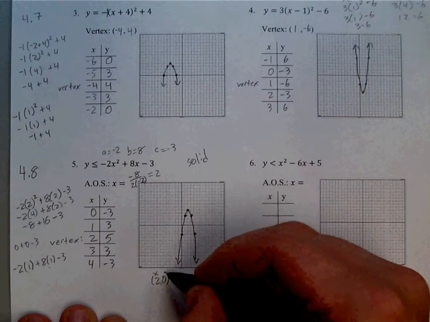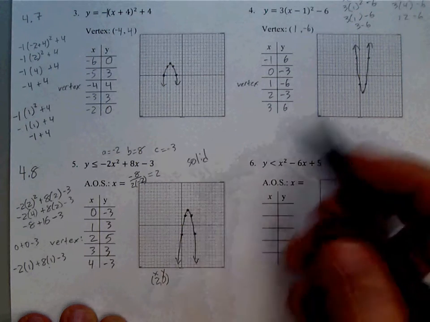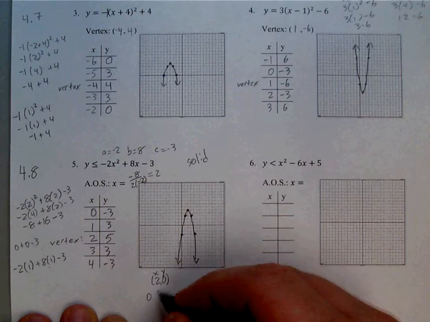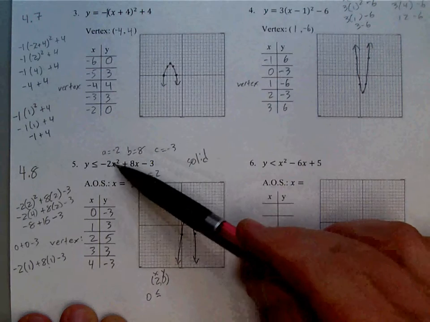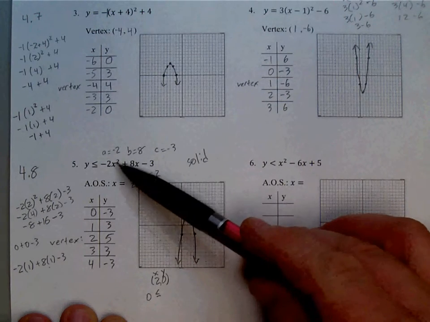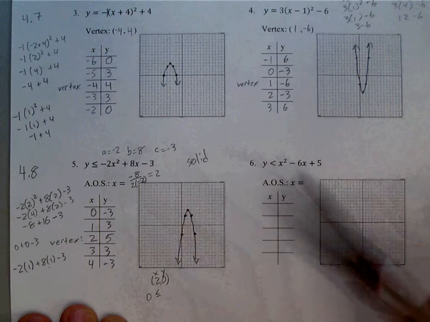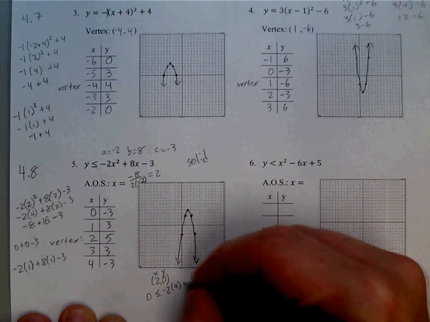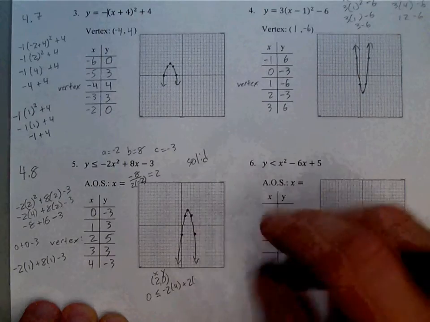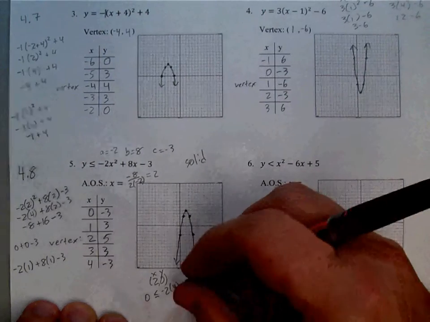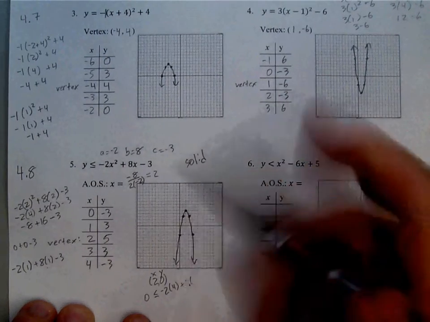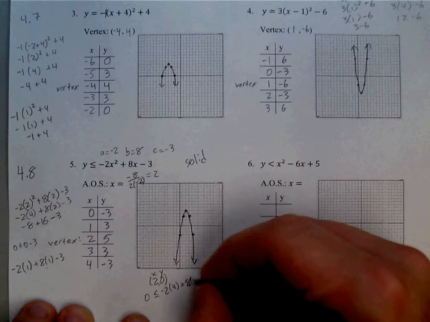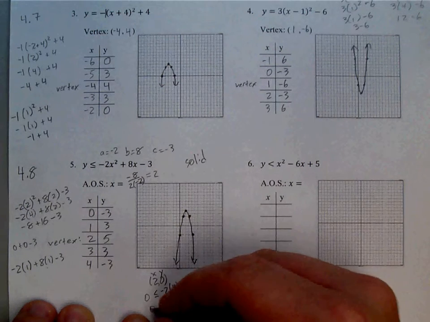So I'm going to plug 2 in for x, plug 0 in for y. 0 is less than or equal to... So if I'm doing 2, 2 squared is 4. So negative 2 times 4 plus 2 times, or sorry, 8 times 2, minus 3.